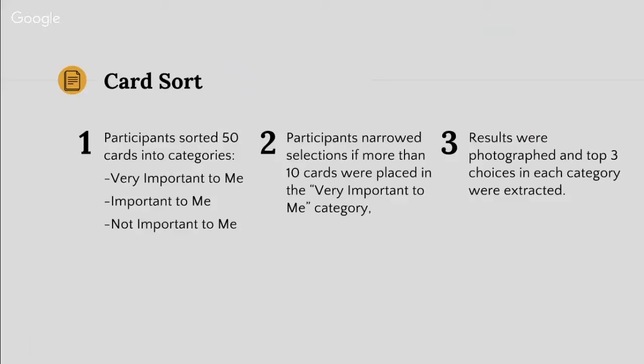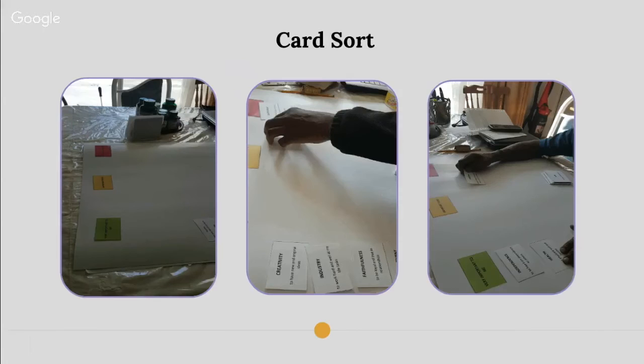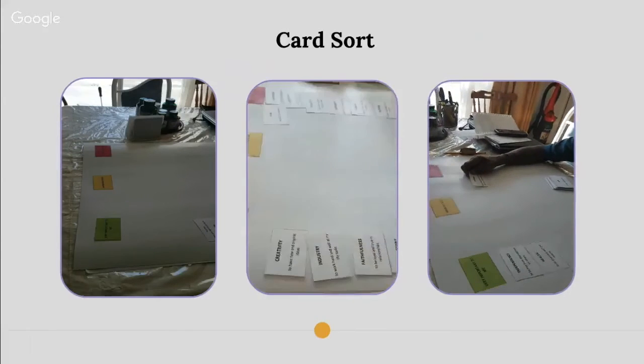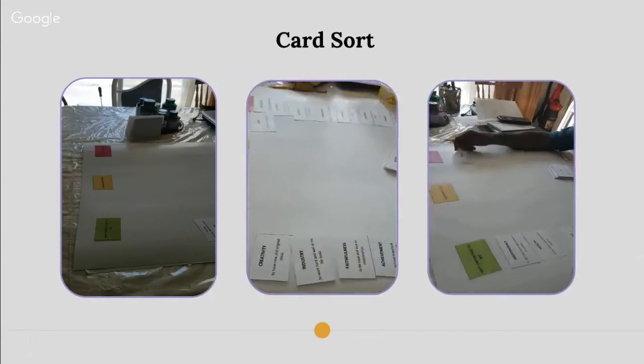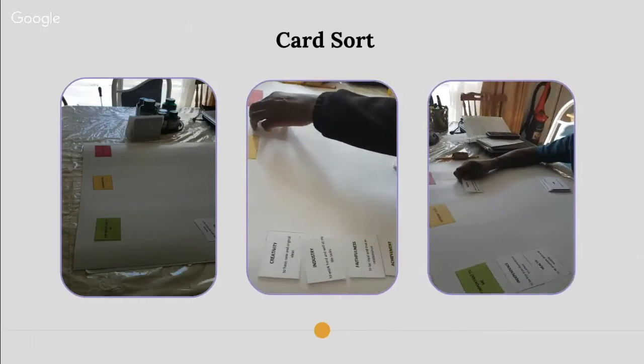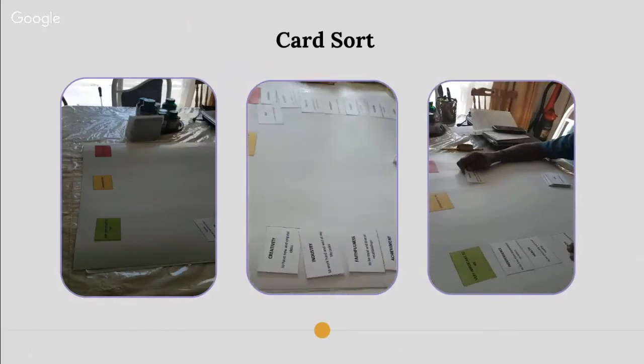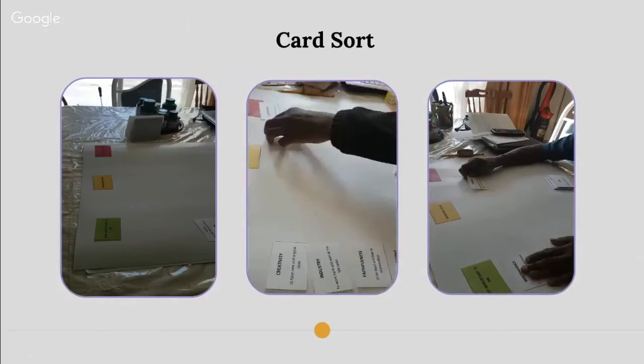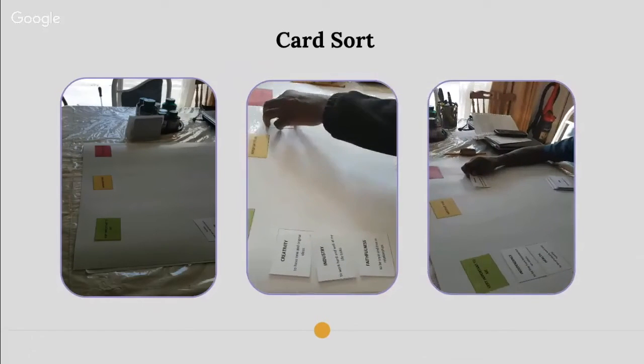And if more than 10 cards were placed in the first category, they were asked to narrow down their selections. The results were then photographed, and the top 3 choices in each category were extracted. So here I've got a picture of the empty card sort platform on the left, and then some animations of both of the participants completing the card sort.